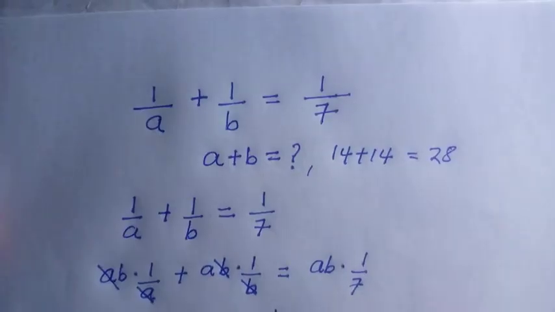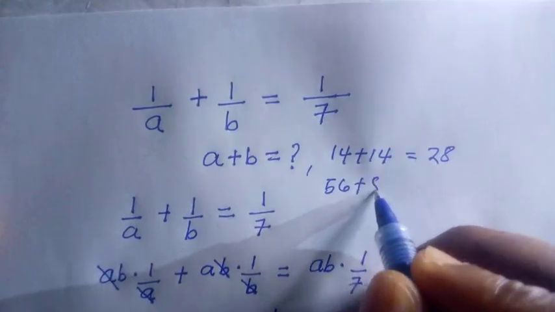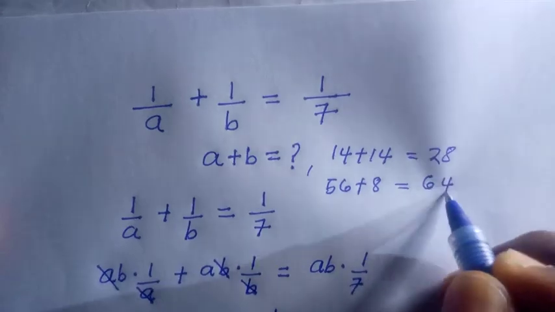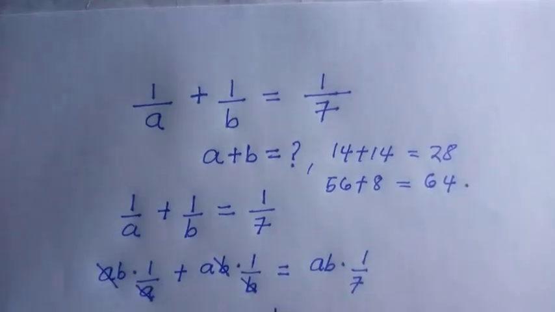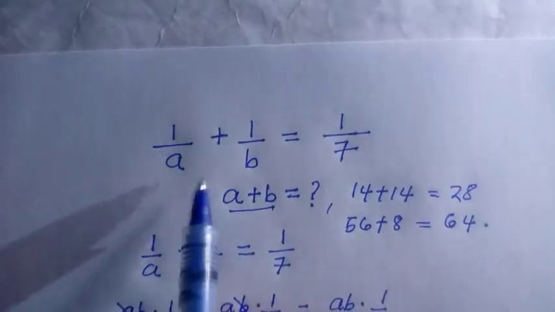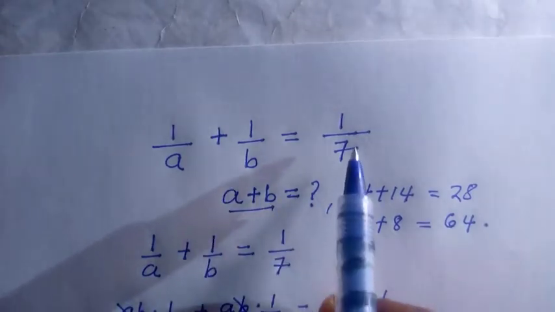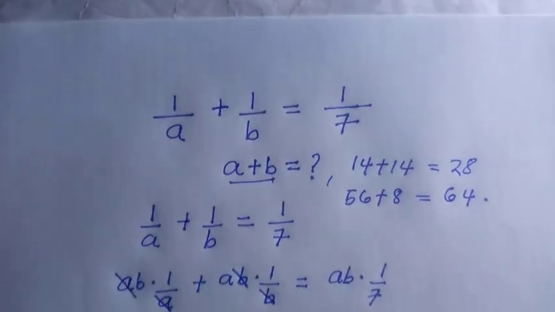And when a equals 56 and b equals 8, 56 plus 8 gives us 64. But we have to note something here: since we say we need the value of a plus b, that's how we get this. But if you do substitutions with this one, are we going to get 1 divided by 7? That is the question here.